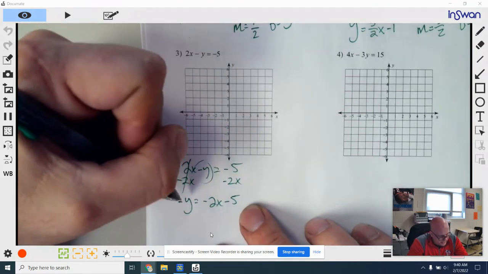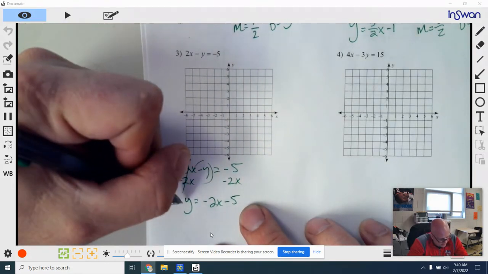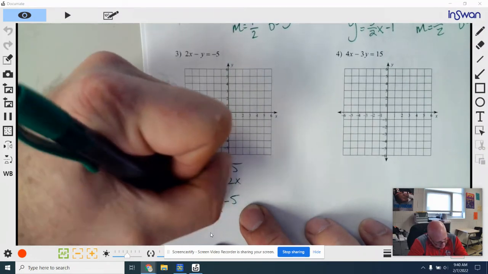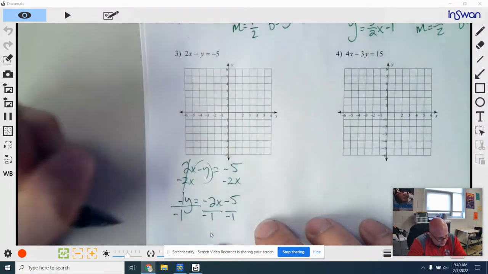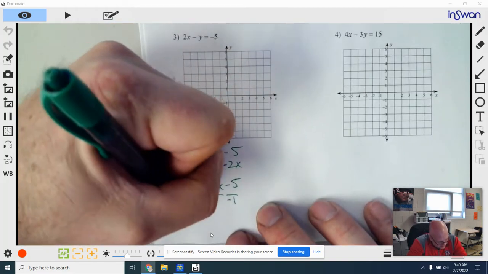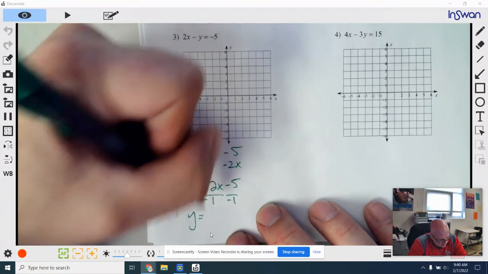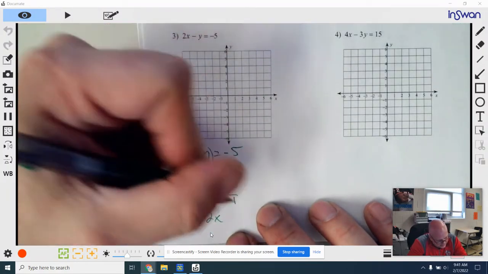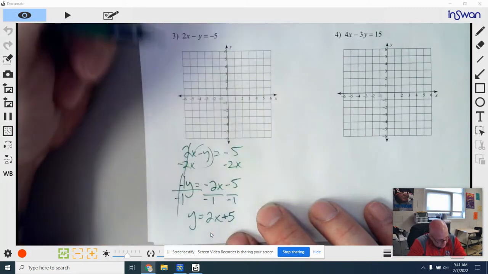All right, we don't ever want to have a negative y, so technically that's a negative 1y. So you would divide everything by a negative 1, which means that cancels out, and you get positive y. Negative over negative is a positive, so positive 2x. Negative over negative again is positive, so plus 5.